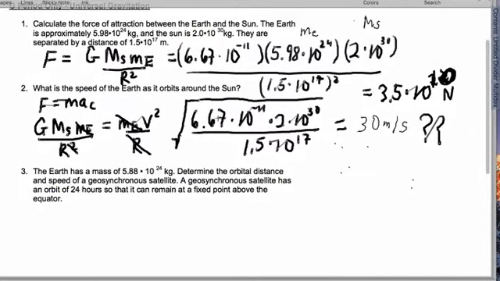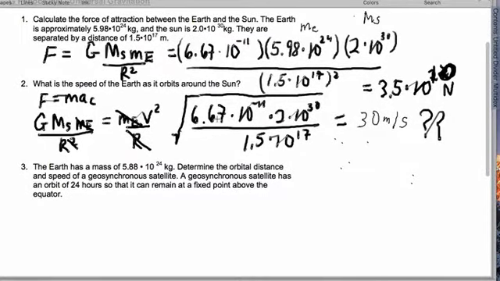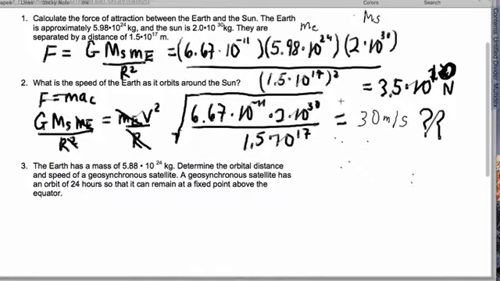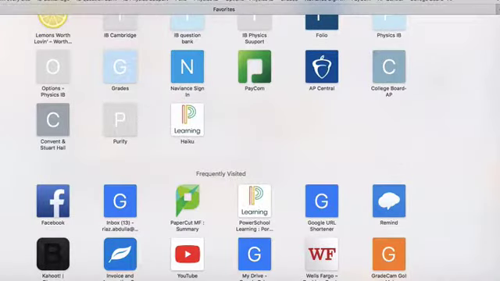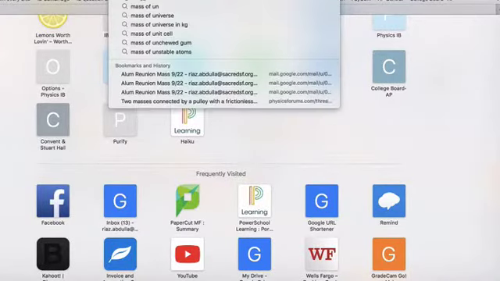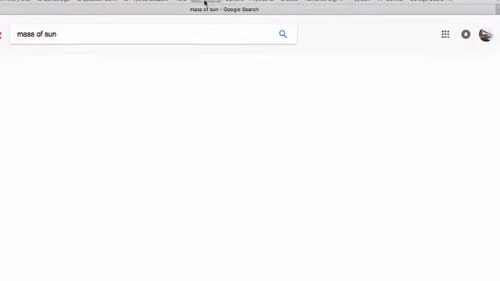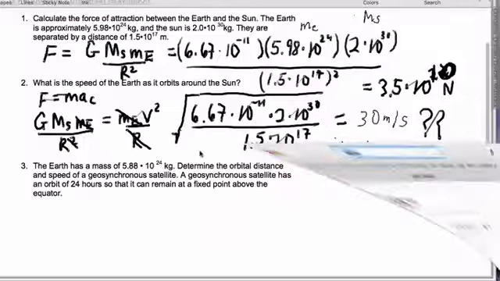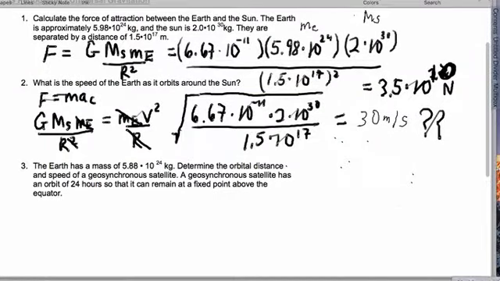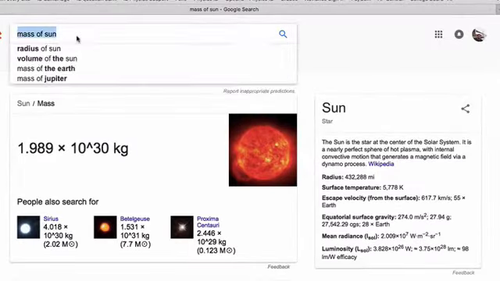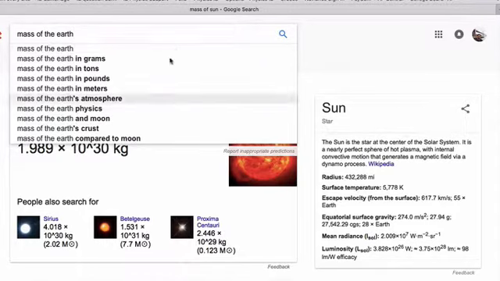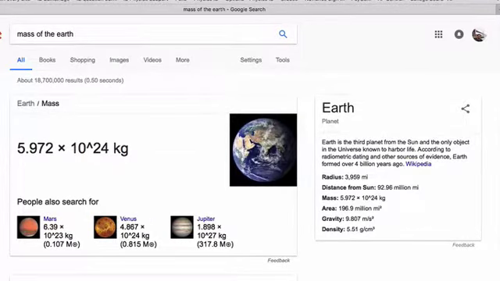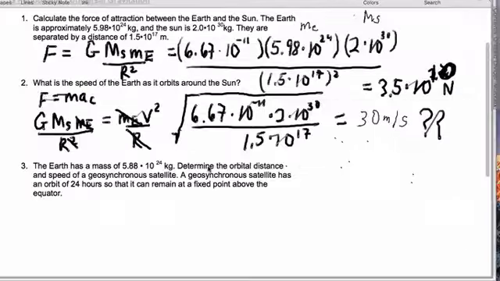So keeping this in mind, let me just check one more thing before I move on. Okay, so I had that right too. 2 times 10 to the 30th kilograms. The last thing to check. Yeah, okay, so I'm working with accurate information here. I don't know what's up.